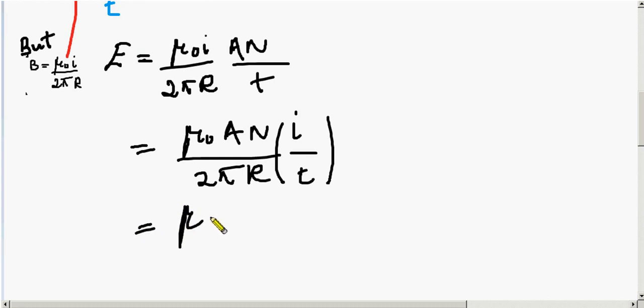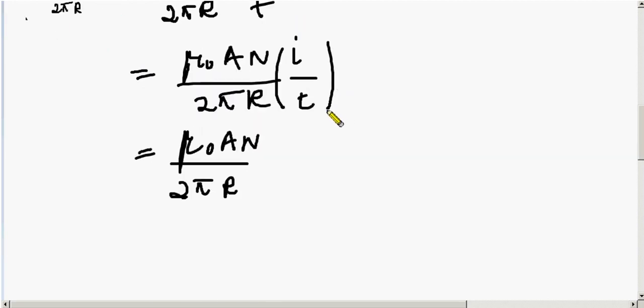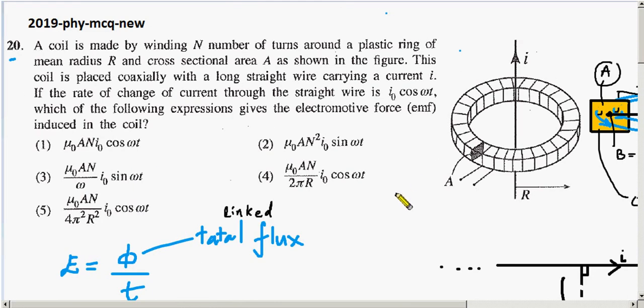Then mu naught A n divided by 2 pi r, I divided by t, they have given I naught cos omega t. This is the final equation, electromotive force. So we have to select the answer for this one.